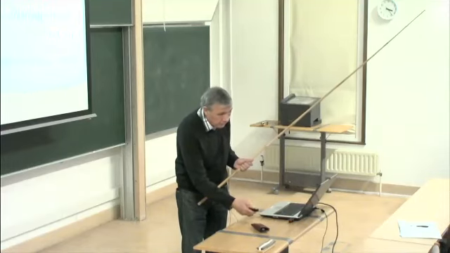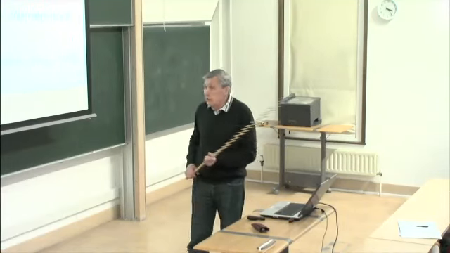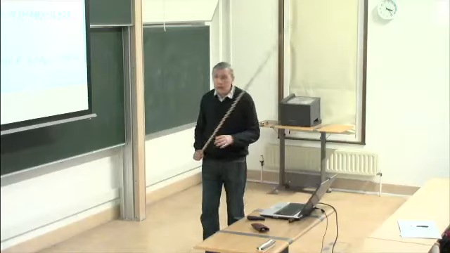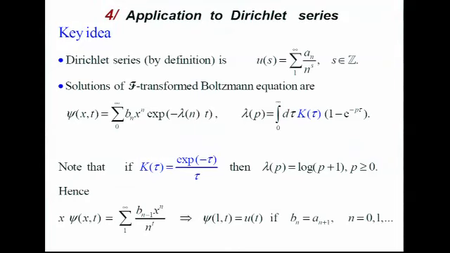I will tell you in advance that by using the integral representation, I can construct many formulas, but most of them are not new. Now, I go to Dirichlet series, as I promised you.